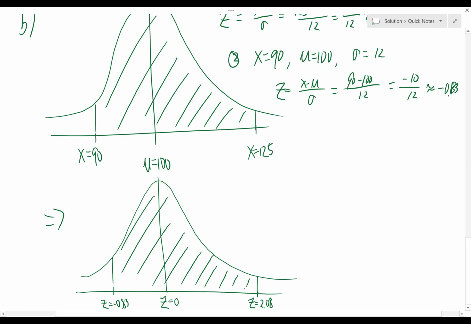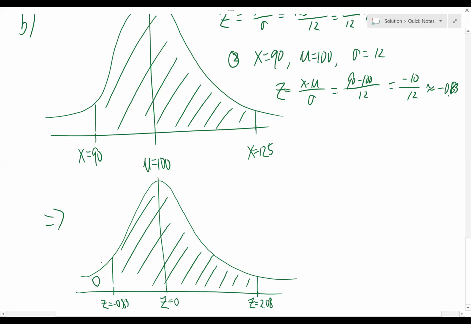Now think about this. In order to find the area in between, we want to find the area or probability for z-score equal to 2.08, because that will include this shaded region plus this circled region right here. And the area that corresponds with z-score equal to negative 0.83 is exactly the circled region.